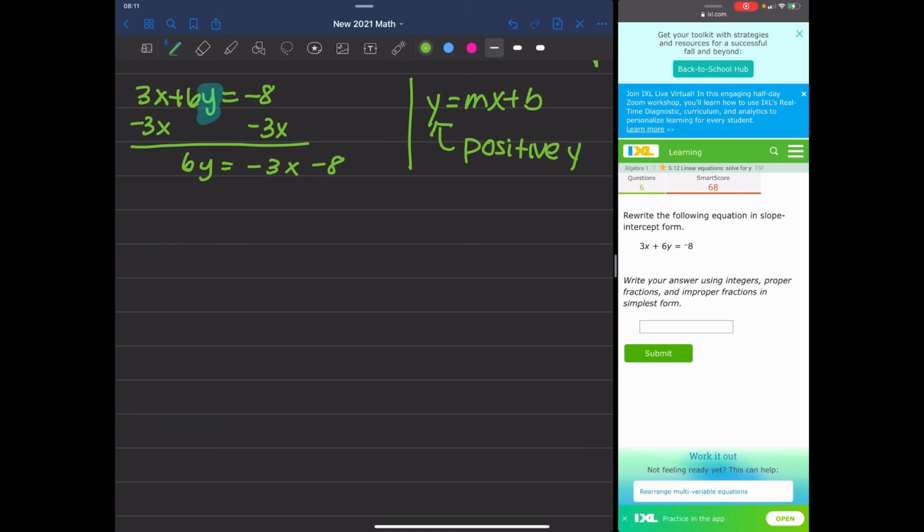And because this is multiplication, I'm now going to divide by 6 each term. So y equals -3/6 x minus 8/6. Okay, so because I have fractions, fractions automatically mean to simplify.